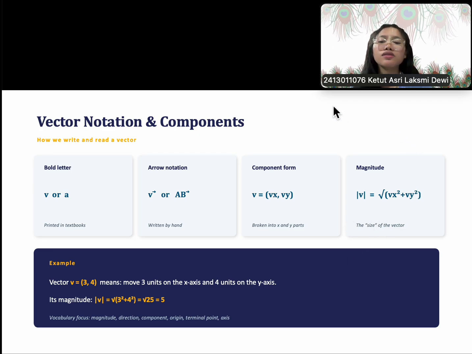If we calculate the magnitude, we get the square root of 3 squared plus 4 squared, which equals the square root of 25, or simply 5. Please remember these important vocabulary words: magnitude and direction, component, origin, terminal point, axis, and others.